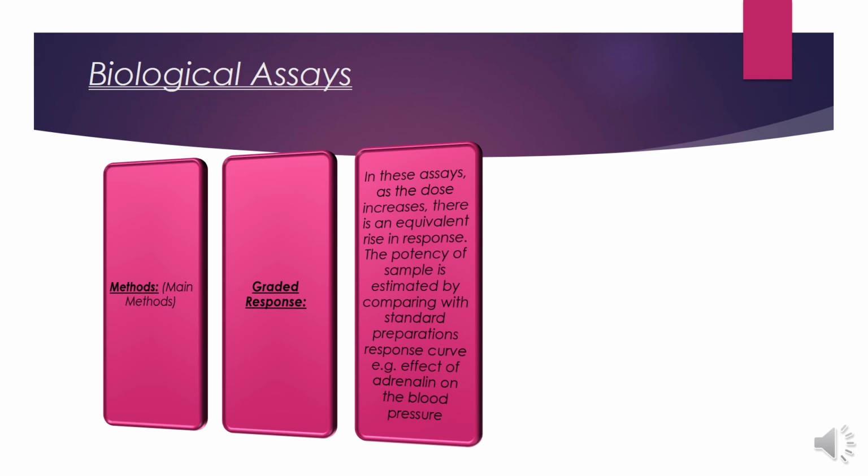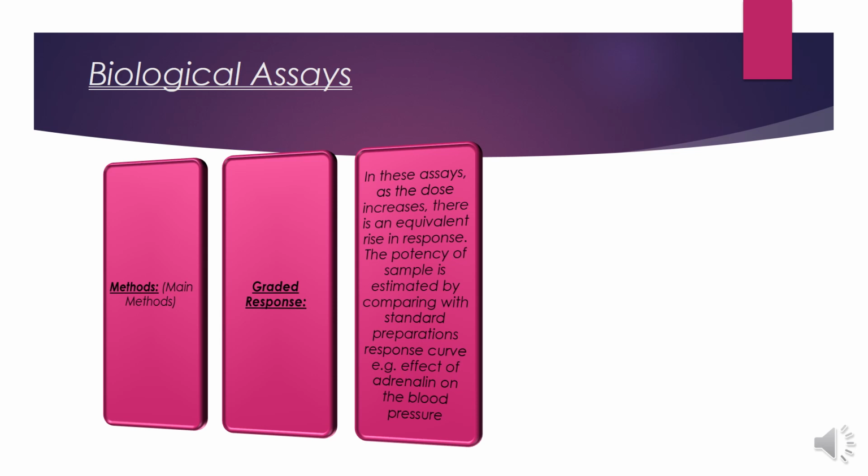So these are the types of assays in which the quantity of the drug and the effect level are checked simultaneously. So there was increased effect or decreased effect, or how much effect adrenaline produced upon the blood pressure.